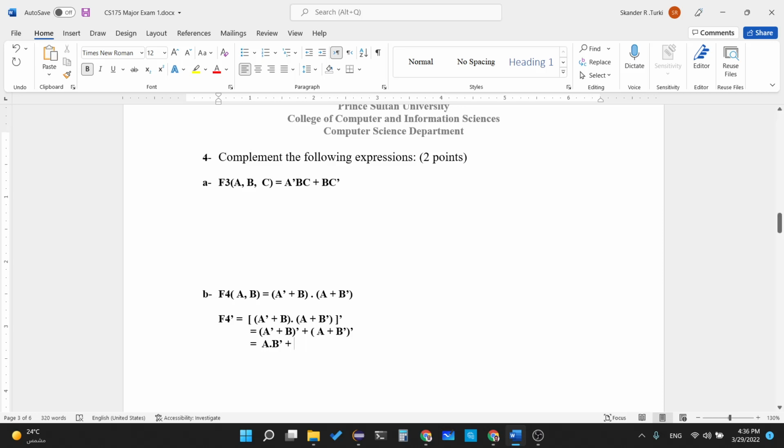Okay, is it correct? Yes. This bar applies only to B, it doesn't apply to A. That's A and B bar.